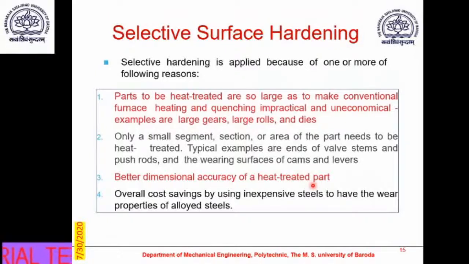That means medium and high carbon steels, which are low cost steels, can be given a very good hardness, which makes them as wear resistant as alloy steel material.